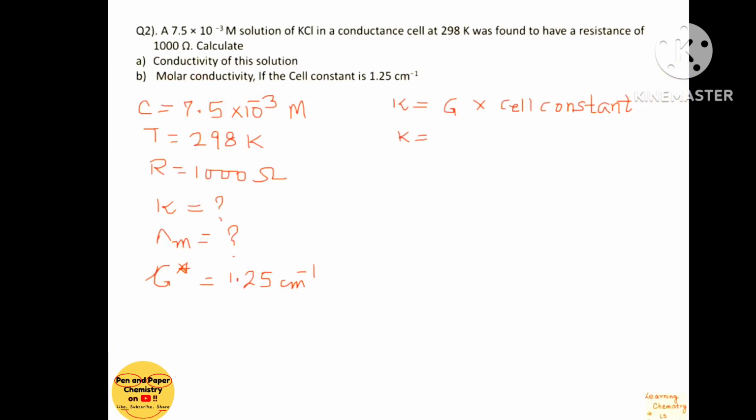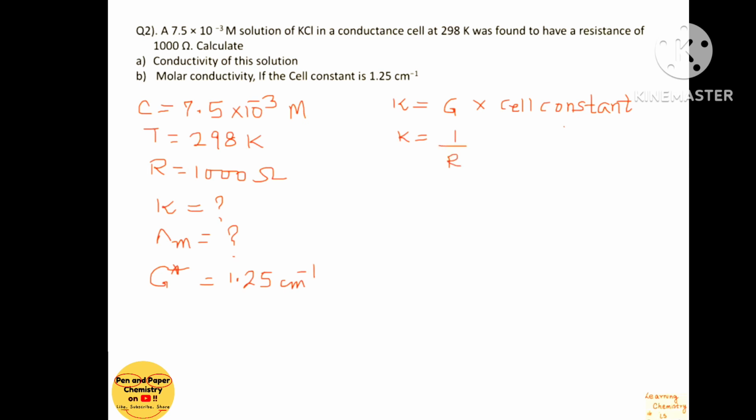So what do we have over here? Kappa is G into G star, or what I have written as cell constant to make things easier for us. Yes, G star is our cell constant, and it is equal to L upon A. Now what is this G over here?